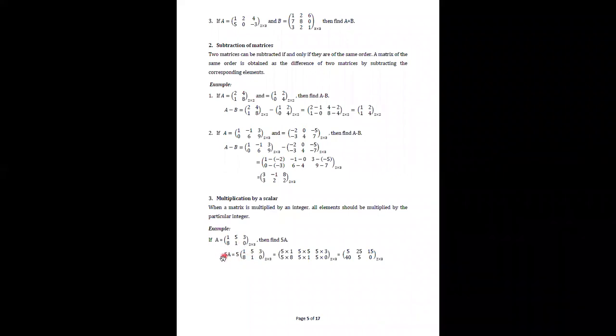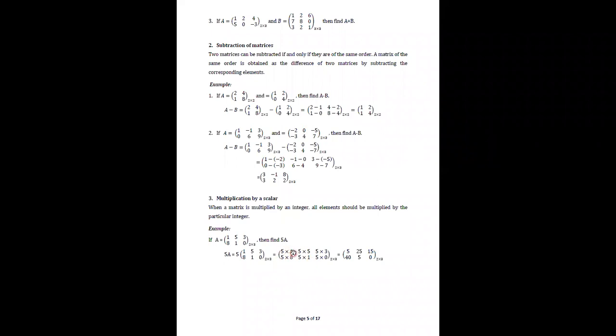Here you can see that 5 is the scalar and the matrix is a 2 by 3 matrix having the elements 1, 5, 3, 8, 1 and 0. According to the concept of multiplication of a matrix by a scalar, we need to multiply each and every element of this matrix by the given scalar.